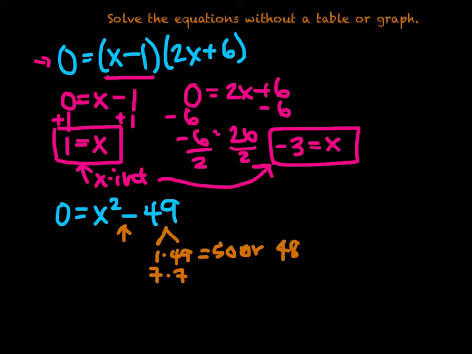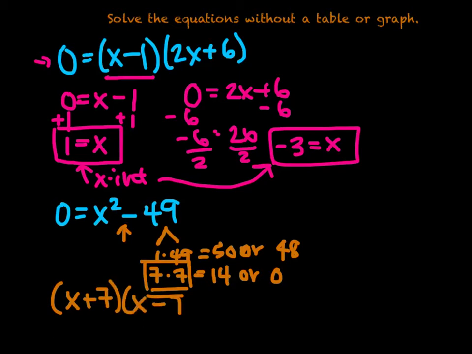And then 7 plus 7 gets me 14, but 7 minus 7 gets me 0. So it looks like I have 7s. So we could say x plus 7 times x minus 7 is our factored form of this equation. So we're going to say 0 is equal to x plus 7 times x minus 7.